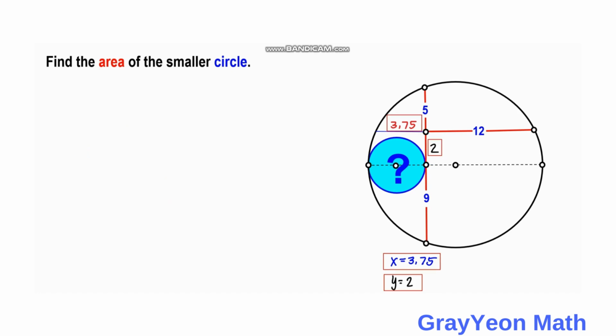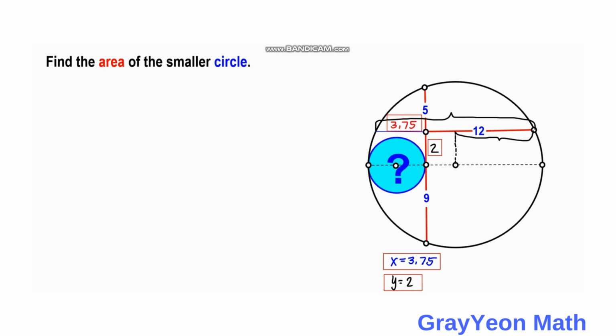Okay, so next we need to get half of this chord, which is the sum of this 3.75 and 12. So let's get half. If we draw a line from the center, this will be half from this point to this point.